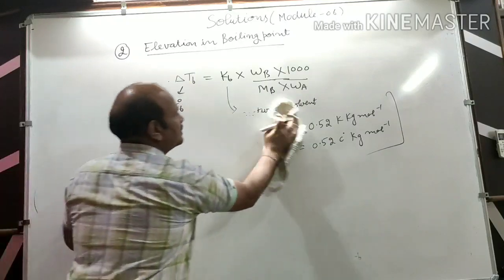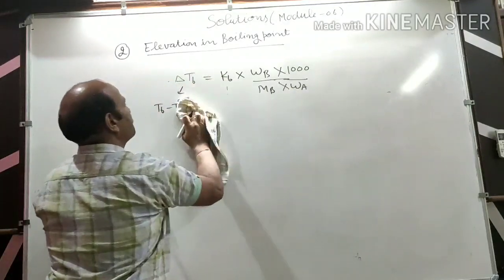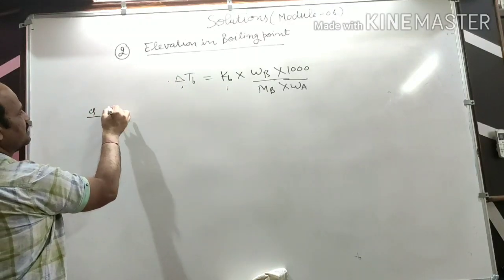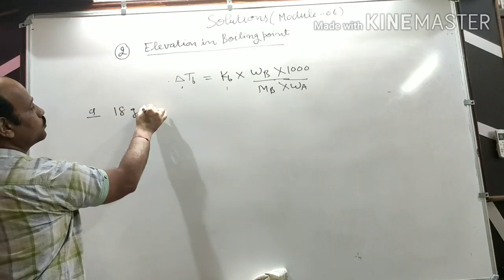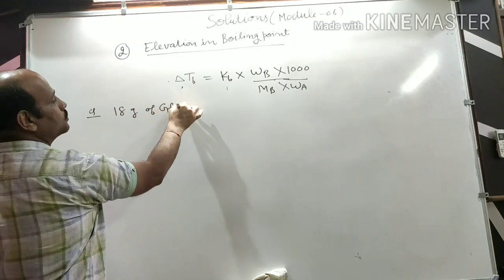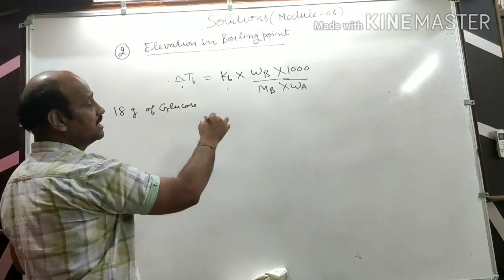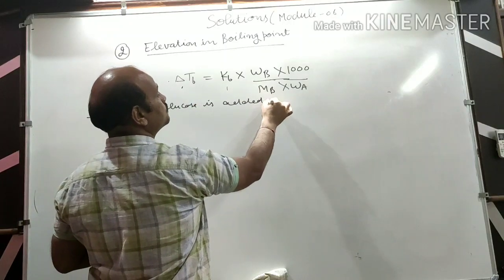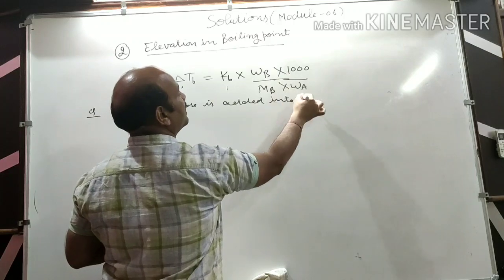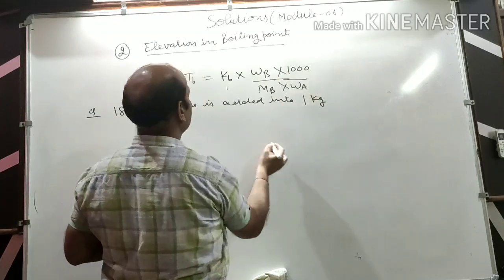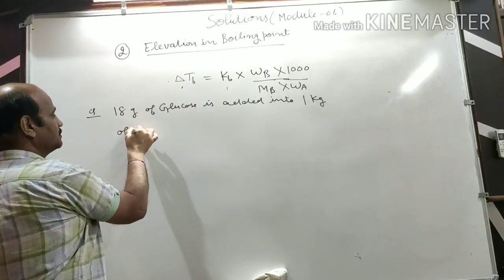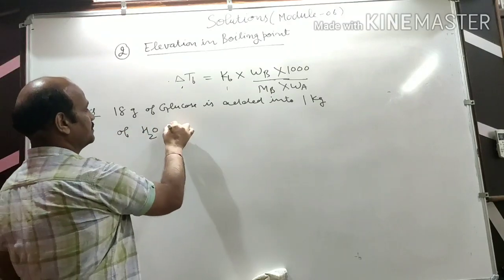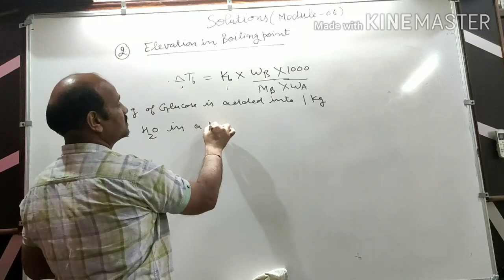Take one numerical. The numerical is like this: 18 gram of glucose is added into 1 kg of water in a saucepan.